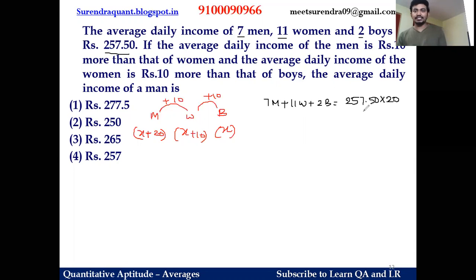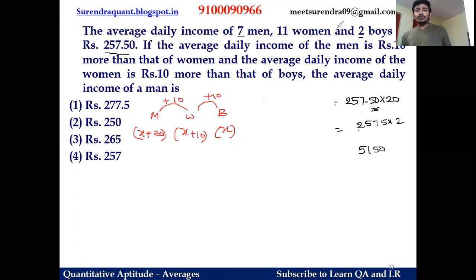So you just need to adjust the decimals. This becomes 2575 into 2. So friends, 2500 twos are 5000, 75 twos are 150. So 5000 plus 150, 5150 is the total income of 7 men, 11 women, and 2 boys.